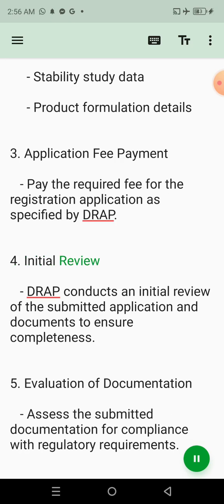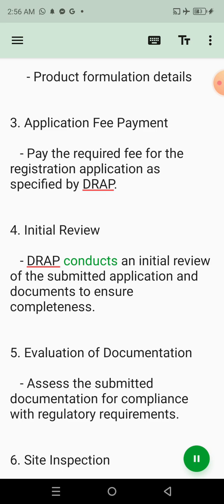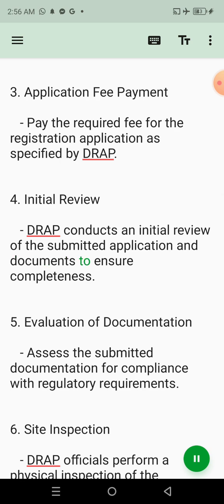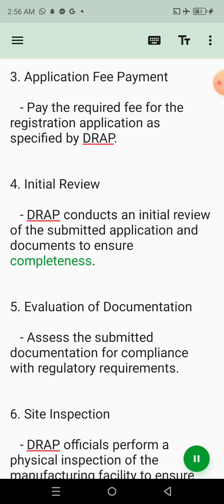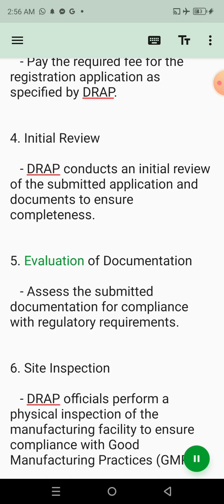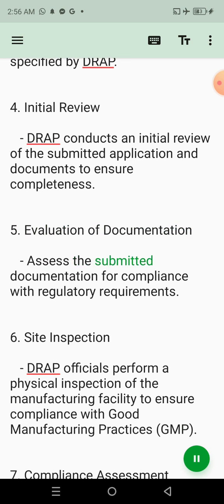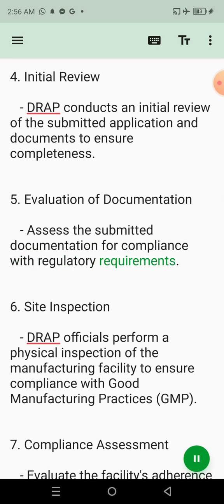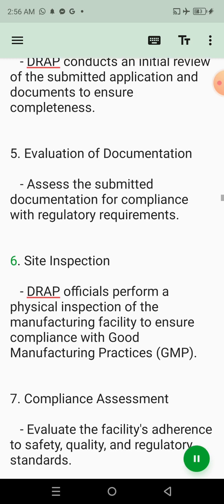4. Initial review. DRAP conducts an initial review of the submitted application and documents to ensure completeness. 5. Evaluation of documentation. Assess the submitted documentation for compliance with regulatory requirements. 6.